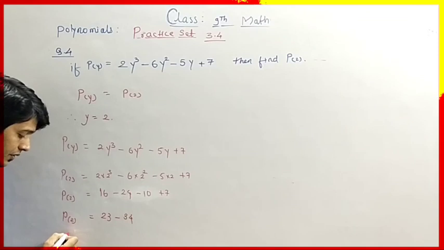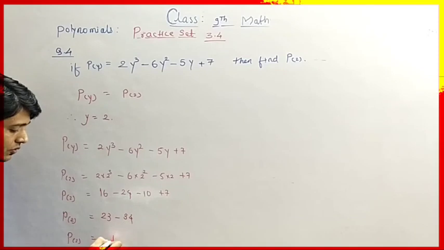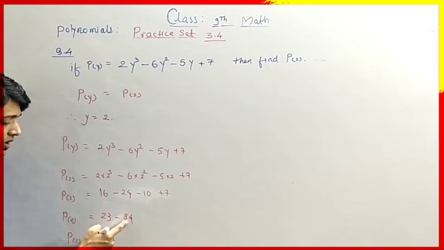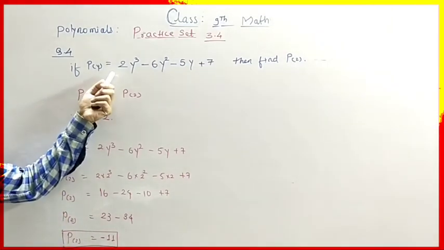So p(2) equals 34 minus 23: 4 minus 3 is 1 and 3 minus 2 is 1. The greater number is 34 and its sign will be negative. Okay, so the minus answer will be the answer of this polynomial.